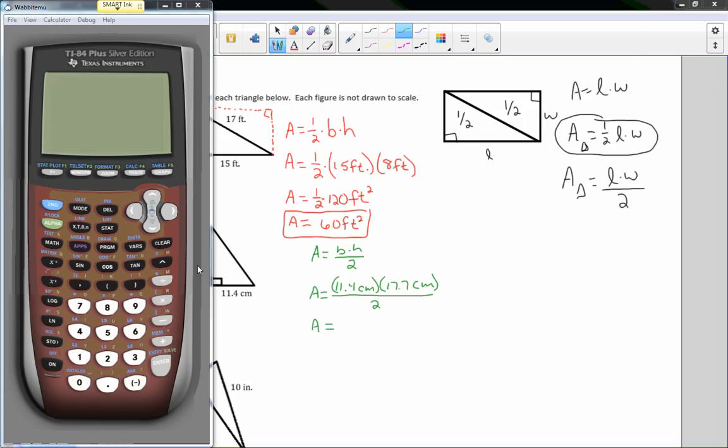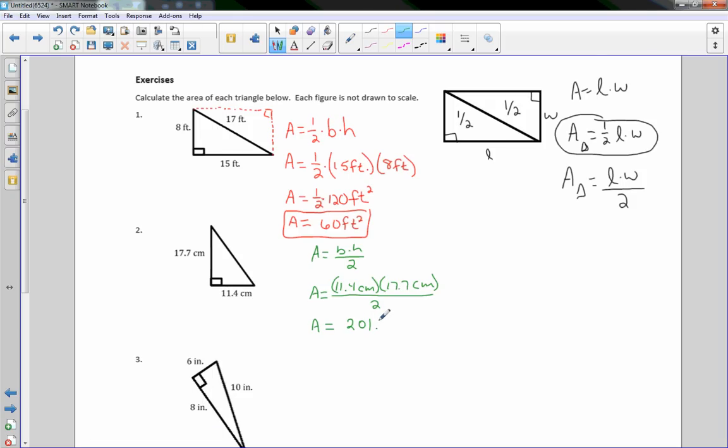Okay, so now I've got my calculator, and if I take 11.4 times 17.7, I get 201.78 divided by 2.